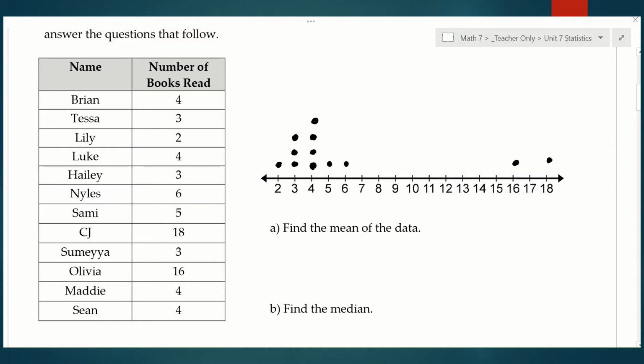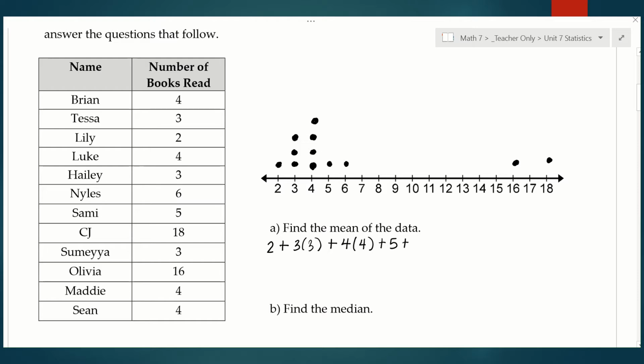Okay, so I'm going to start by saying, all right, I'm going to add 2. But then I can see that there are 3 dots on 3. So instead of writing plus 3 plus 3 plus 3, I'm going to say plus 3 times 3. Same thing for 4. Instead of writing plus 4 plus 4 plus 4 plus 4, I'll say plus 4 times 4.